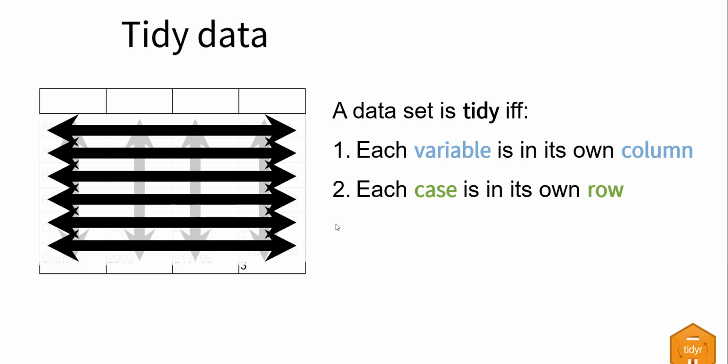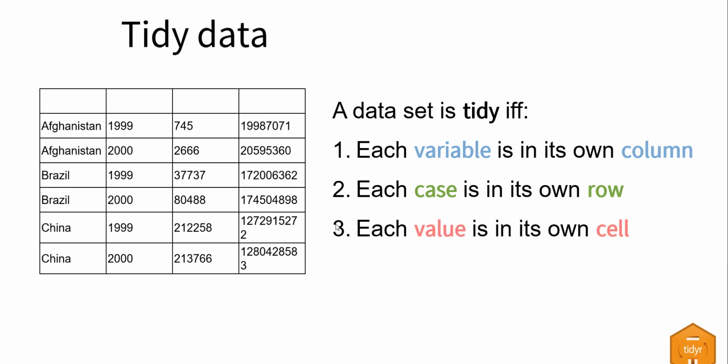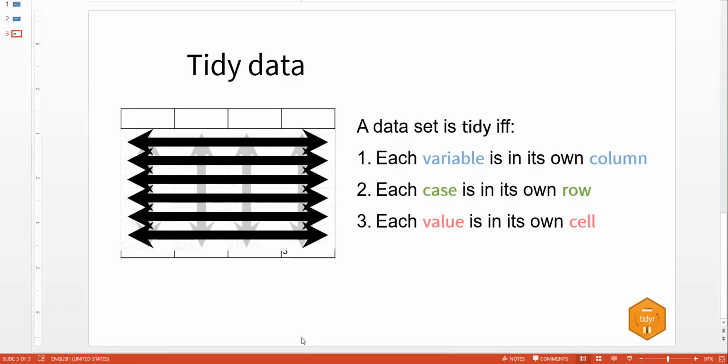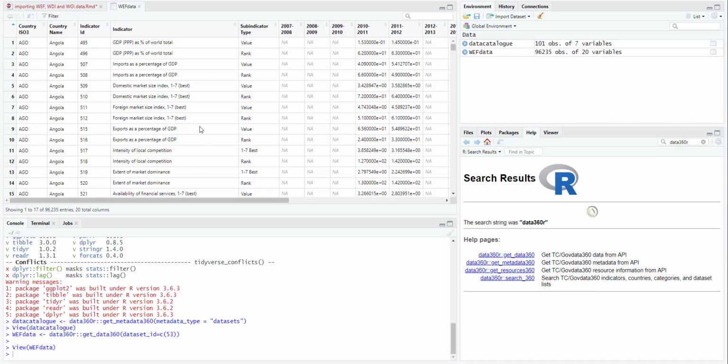Then each case should have its own row, and each value has its own cell. So a value should not repeat in more than one cell, and values should not be omitted. These are the properties required to ensure the data is tidy or usable for panel data. Now we look at it here in our data file.